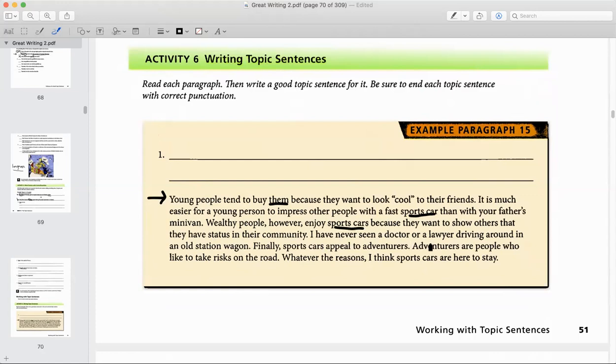I have never seen a doctor or a lawyer driving around in an old station wagon. Finally, sports cars appeal to adventurers. Adventurers are people who like to take risks on the road. Whatever the reasons, I think sports cars are here to stay. That's his concluding sentence.